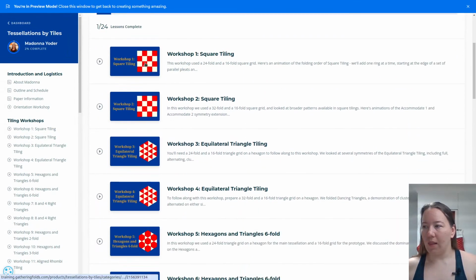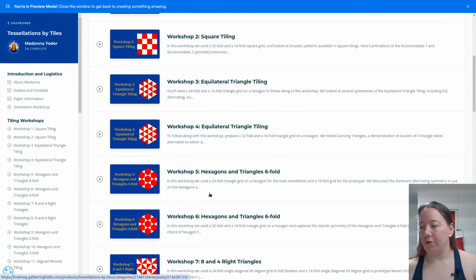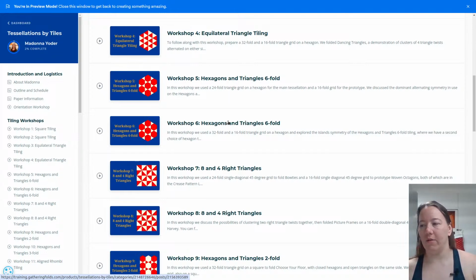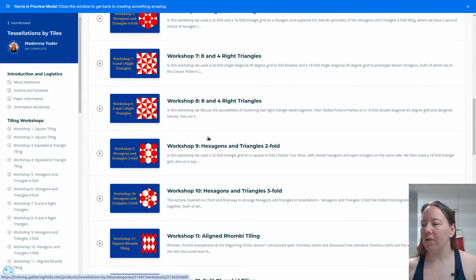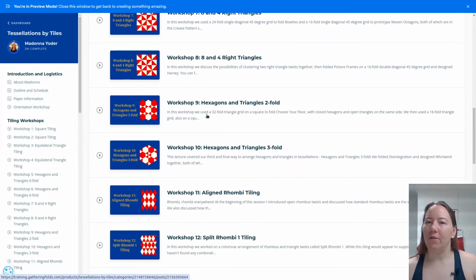There's some tilings that are repeated because there's multiple ways of looking at them. There's alternating twists, and then there's more complex ways. So the square tiling, the equilateral triangle tiling, the hexagons and triangles six-fold tiling, 8 and 4 right triangles, and then a bunch of tilings that have just one workshop per tiling.